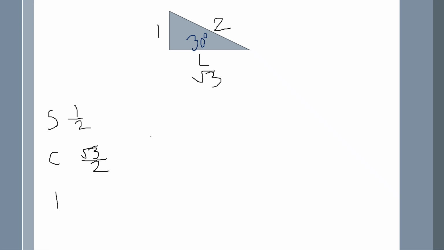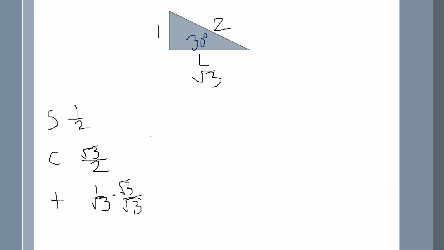And my tangent being 1 over square root of 3, which we know cannot ever stay that way because you have square root of 3 in the denominator, so you have to rationalize your denominator, which means you multiply everything by the square root of 3 on both sides.